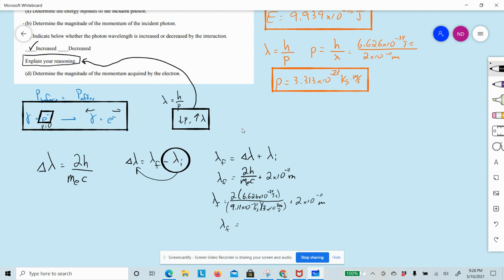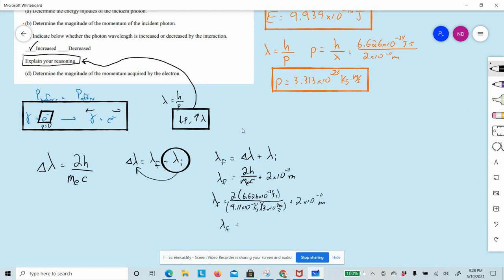2 times 6.626 times 10 to the negative 34th gives you that number. Divide that number by 9.11 times 10 to the negative 31 kilograms, divided by c, gives you that, plus 2 times 10 to the negative 11th gives you that.